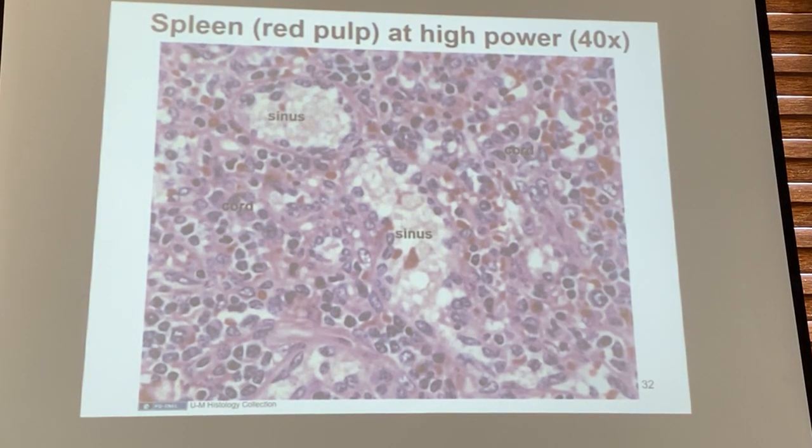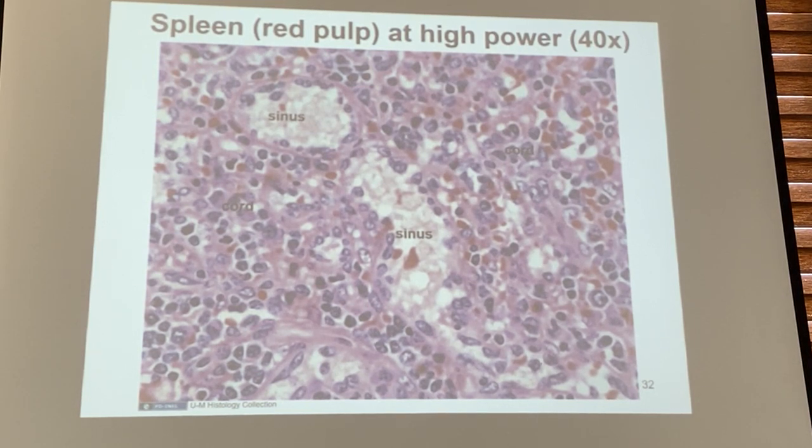Under the higher power, you can see the red pulp of the spleen. It contains these sinuses, the light areas. There are wide, thin-walled spaces filled with blood. And the darkly stained cells are lymphocytes, plus maybe plasma cells and the reticular fibers.